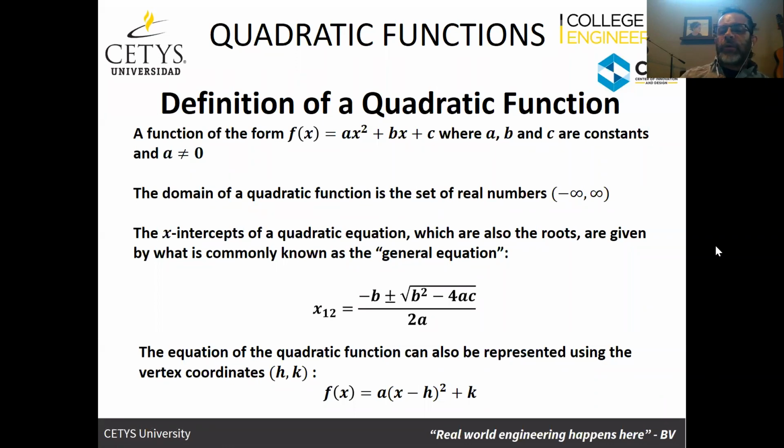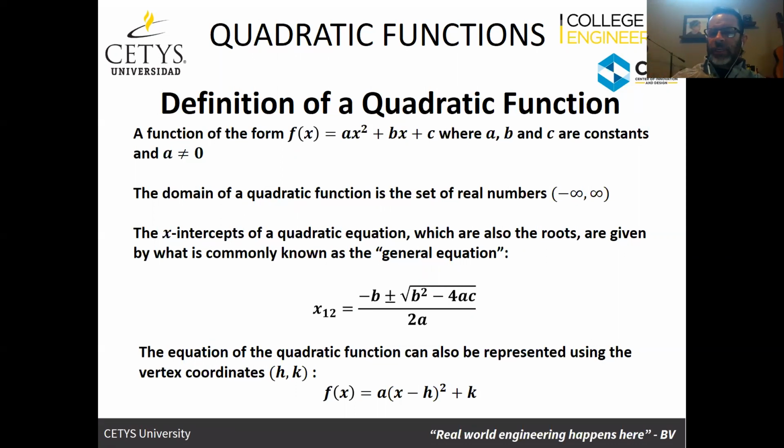A quadratic equation is going to be a function in the form of ax squared plus bx plus c, where a, b, and c are constants, and a is different than 0. This is obvious because if a was 0, then this would automatically turn into a linear function. So it's important that the highest power we have is x squared. This is called a quadratic function.